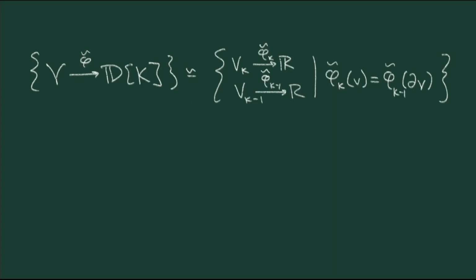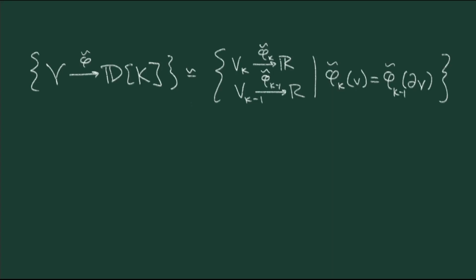In this instance, this means that you can compute the value of phi_k tilde on V by applying the boundary of V and then applying phi_{k-1} tilde. In particular, there's really only one piece of data, as phi_k tilde is determined by phi_{k-1} tilde and the boundary operator.